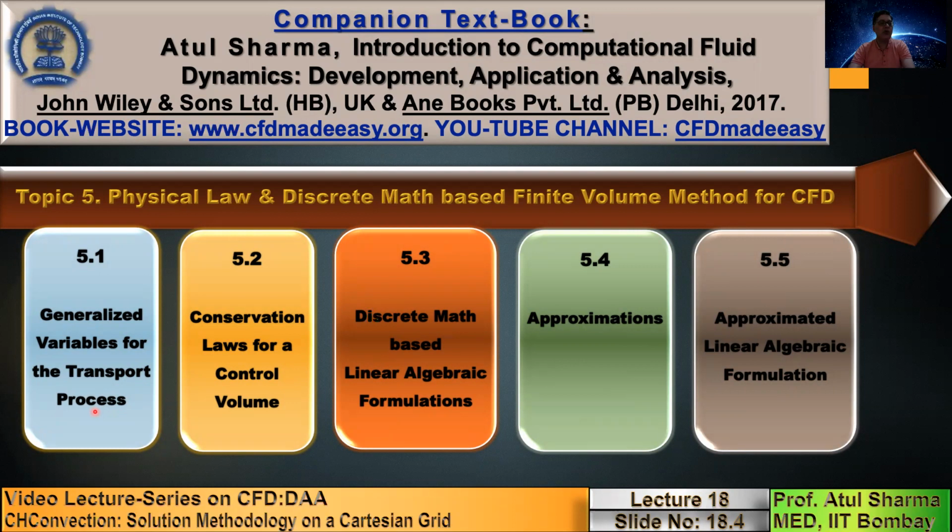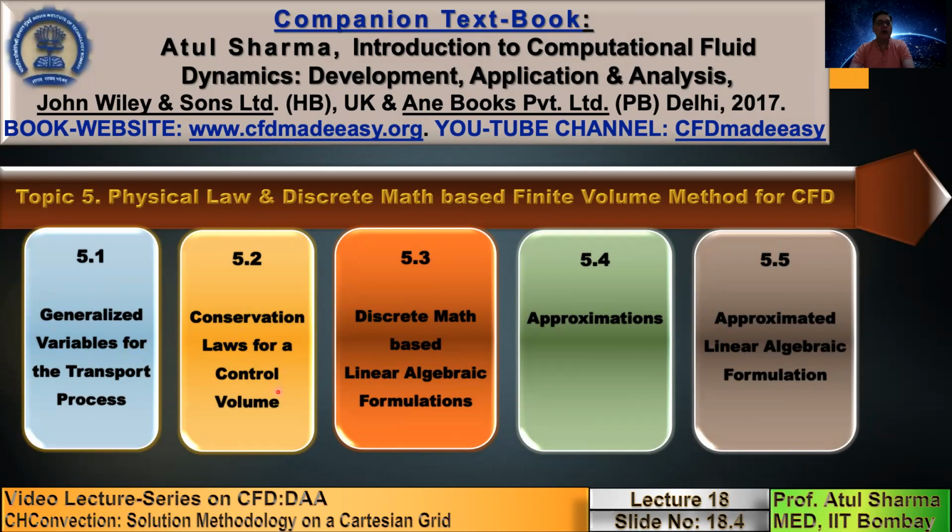In this transport process, there are two drivers, the random motion of the molecule and the bulk motion. So now we are using a generalized representation of the conduction as diffusion and the enthalpy transport as an advection. Let us start with the generalized variable for the transport process for this topic. Then I'll present the momentum and energy conservation law along with the mass conservation law for a control volume.